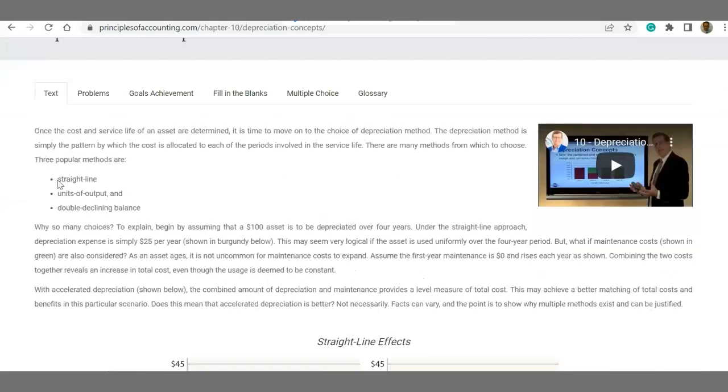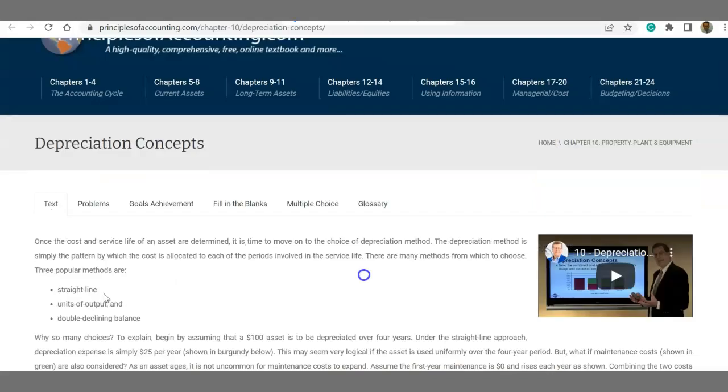Straight line depreciation is easier and very common between companies for the bookkeeping and recognition of depreciation expense. Cost includes purchase price, sales tax, shipping, delivery, installation, and testing.